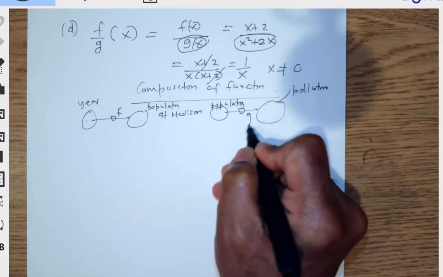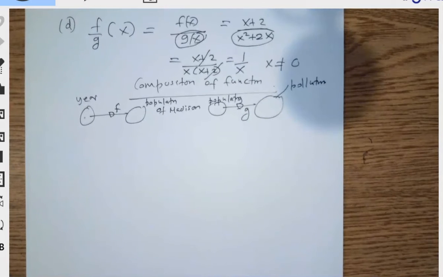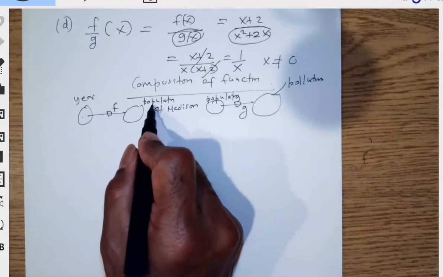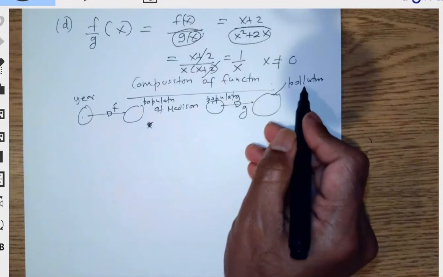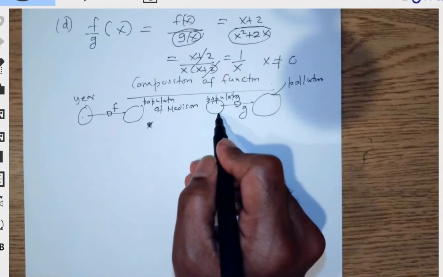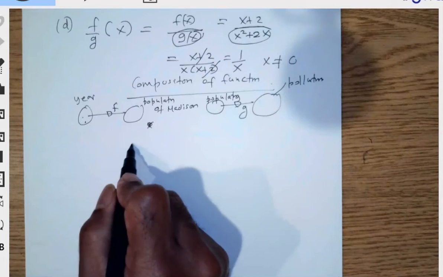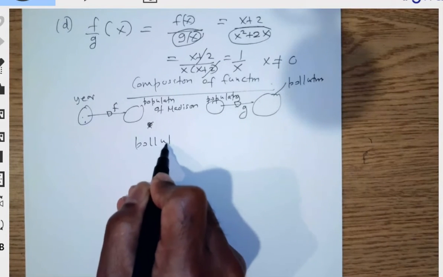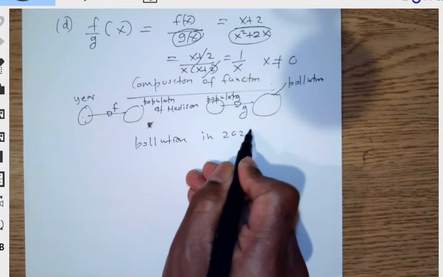So that's g. A family which is planning to move into Madison is not interested in the population by the year, nor in the pollution through the population, but really wants to find out the pollution in 2025, say.